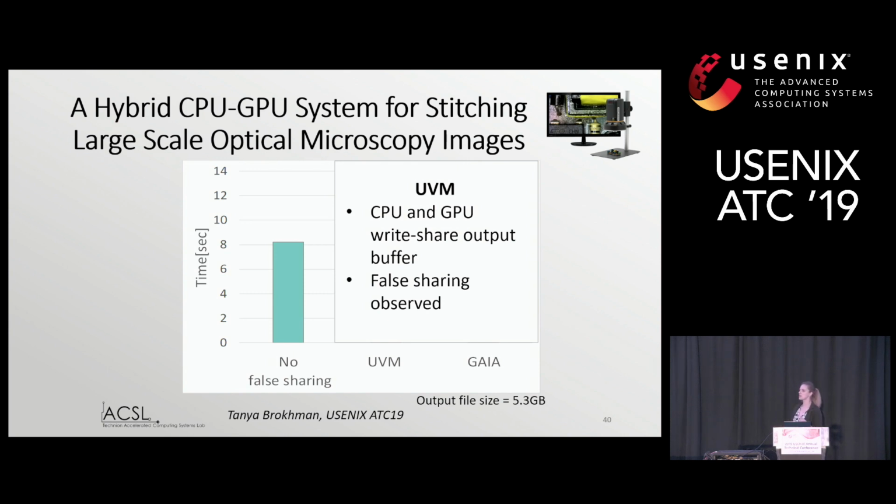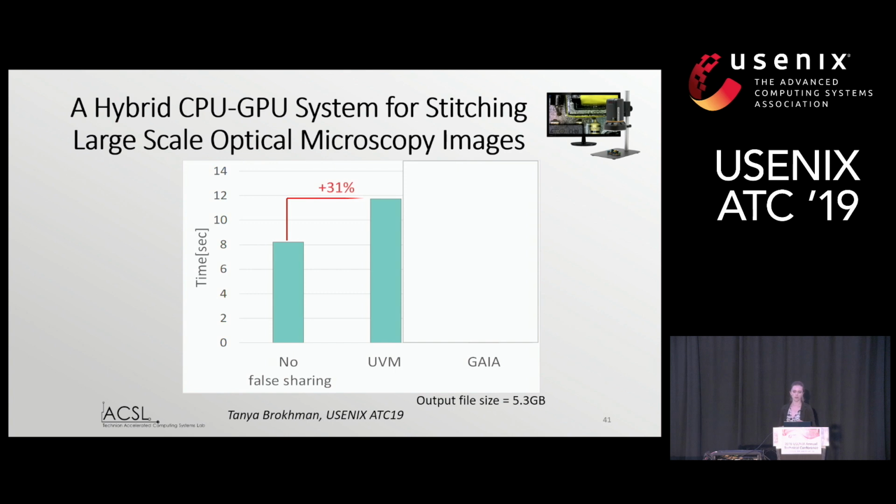And as we saw earlier, in this case, they experience fault sharing, which results in 31% performance degradation compared to our previous implementation. And last, we implemented it with GAIA, in which we just mmap the file, and the CPU and GPU work in parallel. As you can see, with GAIA, we were able to completely eliminate the fault sharing effect without having to merge the output file at the end.